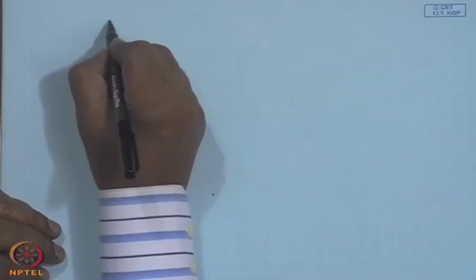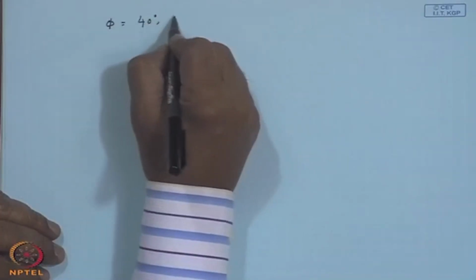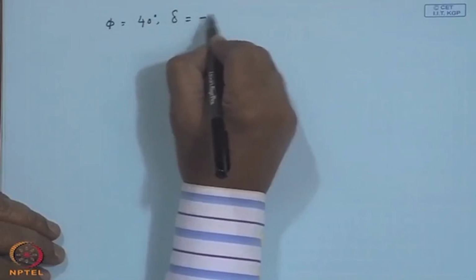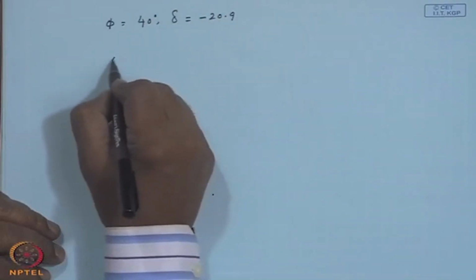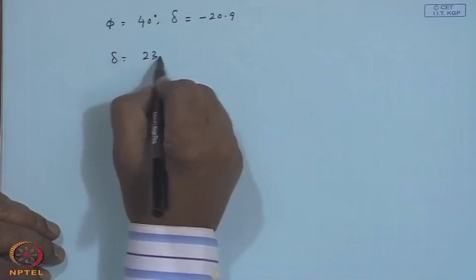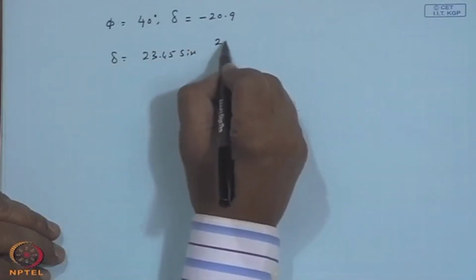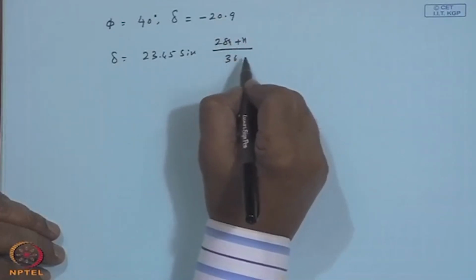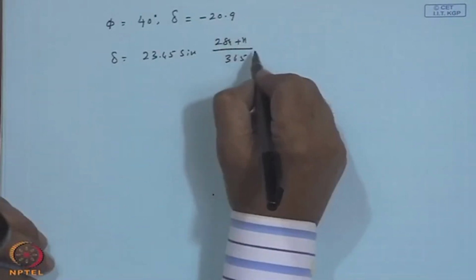So, the latitude phi is 40 degrees and delta, the mean declination for the month of January, is minus 20.9, or you can calculate delta is equal to 23.45 sin of 284 plus n by 365, whatever it is, multiplied by 360.